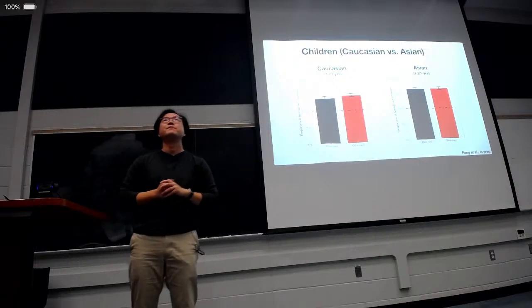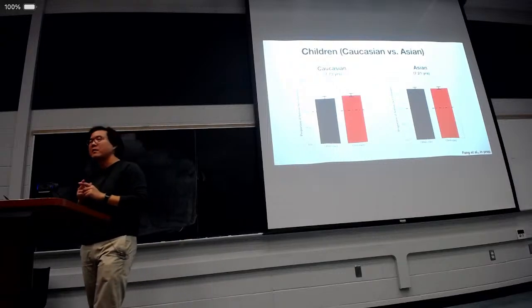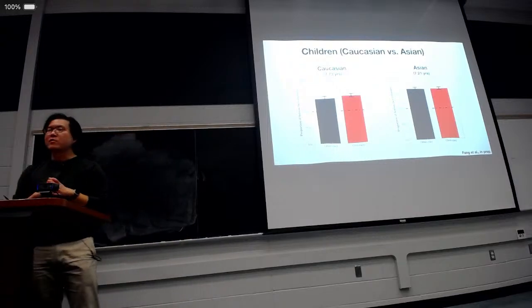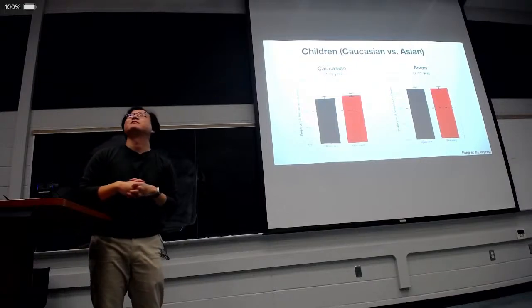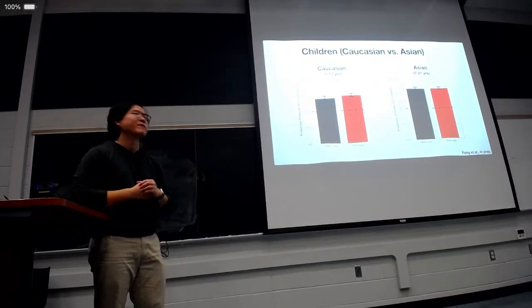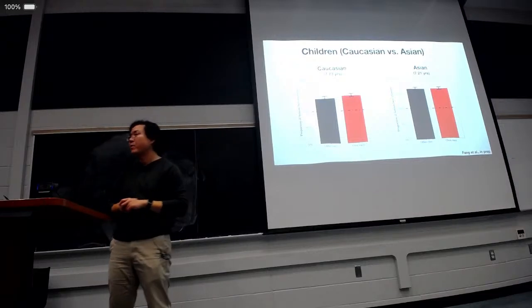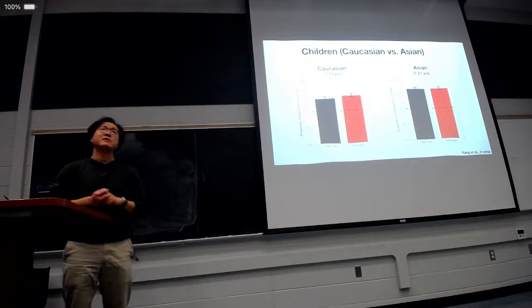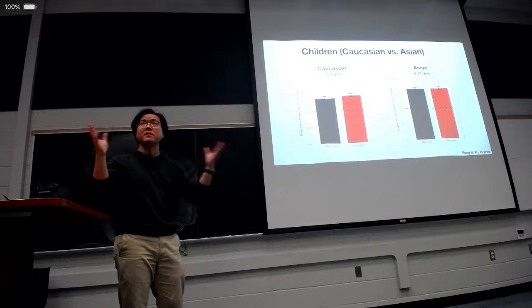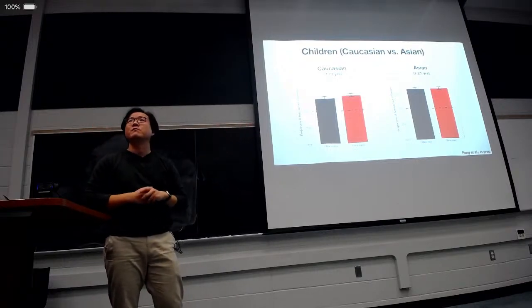For those of you who haven't been to China, you don't see other race or Caucasian, white faces very often. The city we studied, I think the Asian population takes more than 97% of the population. And you see, they show the same result.